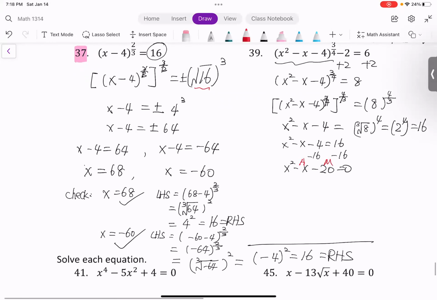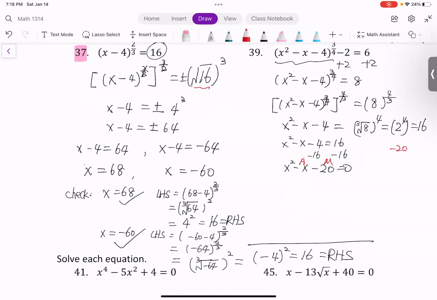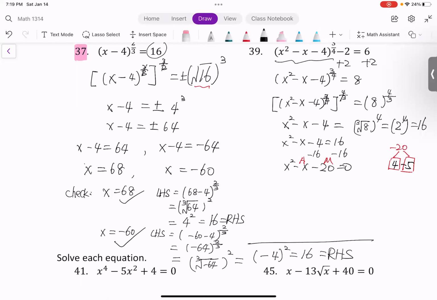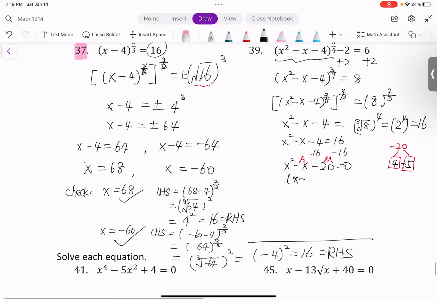This is A, this is M. M is negative 20, the multiplication of two factors, and the addition is negative 1. So they must be 4 and 5. Which one is negative? Which one is positive to make a sum of negative 1? So I must say 5 is negative. X plus 4, x minus 5 equals 0. X plus 4 equals 0. X minus 5 equals 0. So x equals negative 4, x equals 5. We have two solutions.